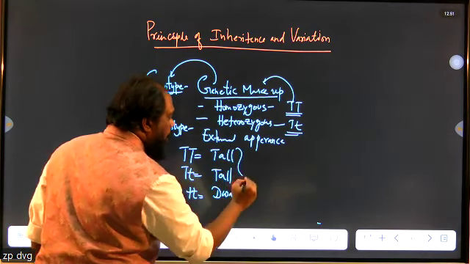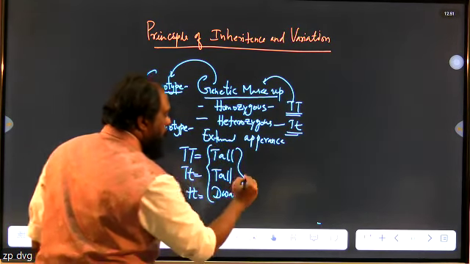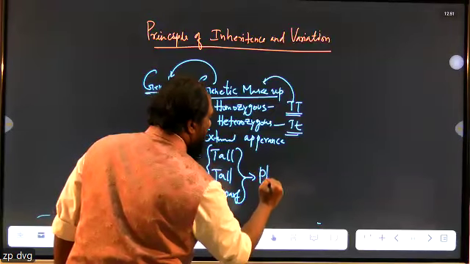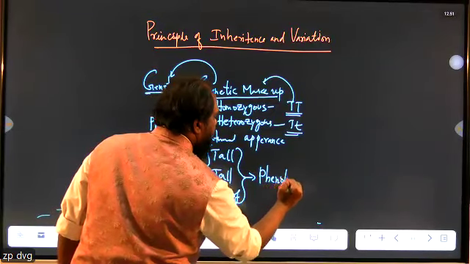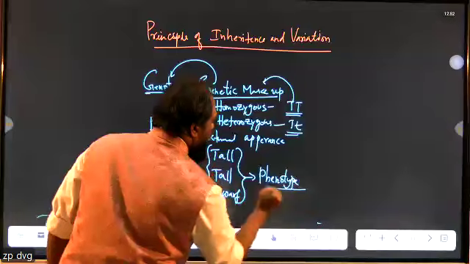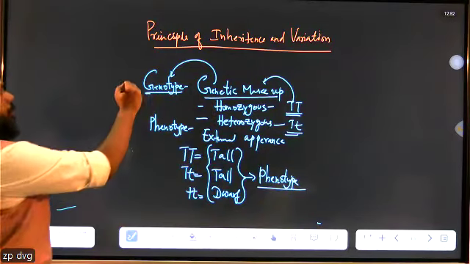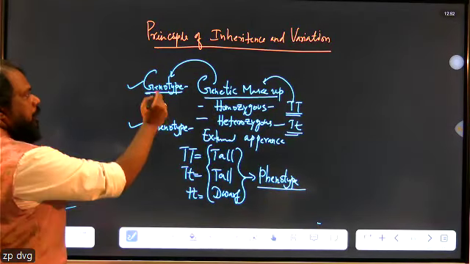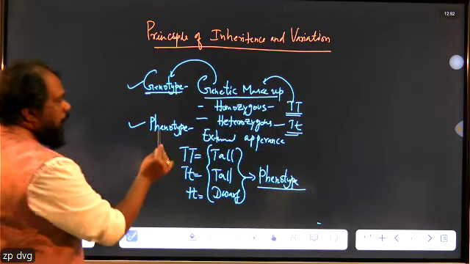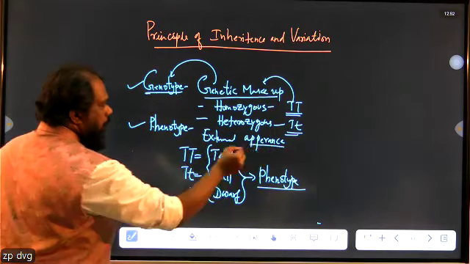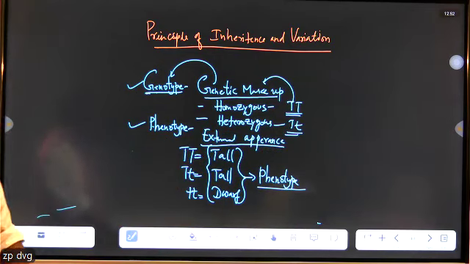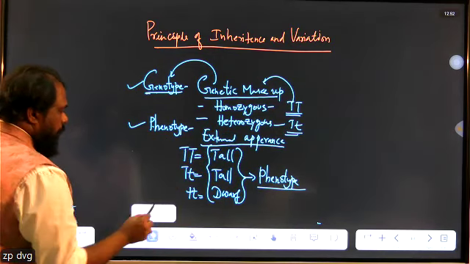Now, this tall and dwarf, this external appearance is called what? Phenotype. Okay, so genotype and phenotype. Genotype is a genetic makeup, and phenotype is the external appearance. Otherwise, I can use the word morphology of a particular species.